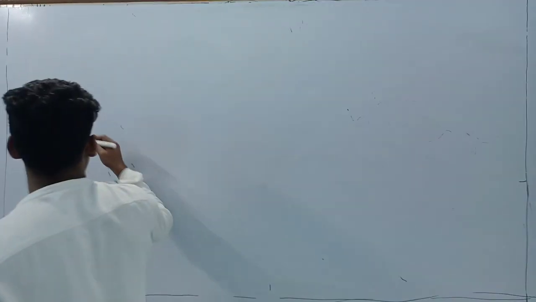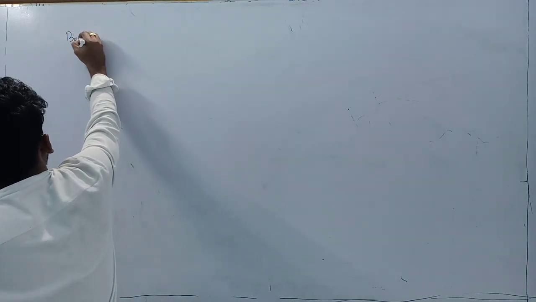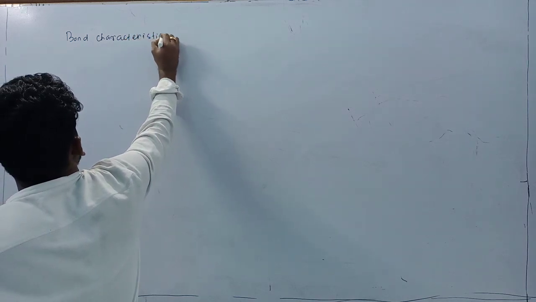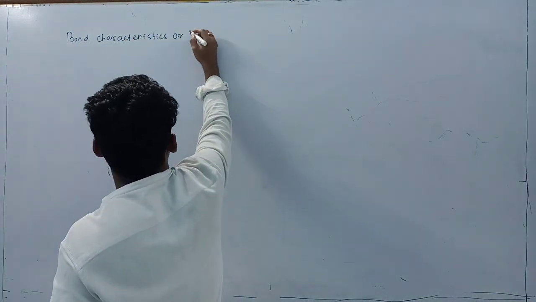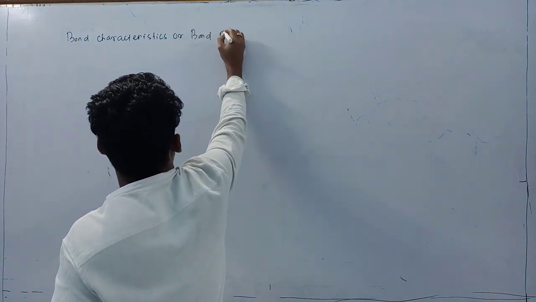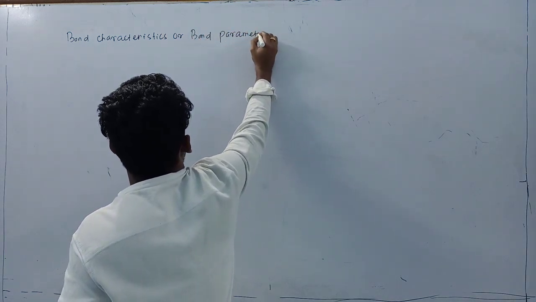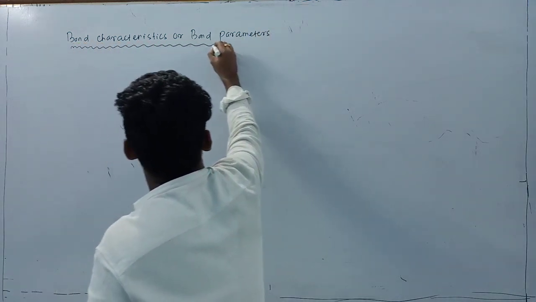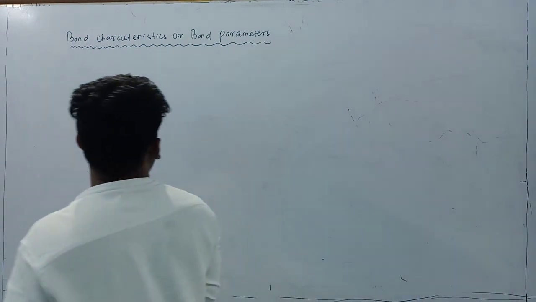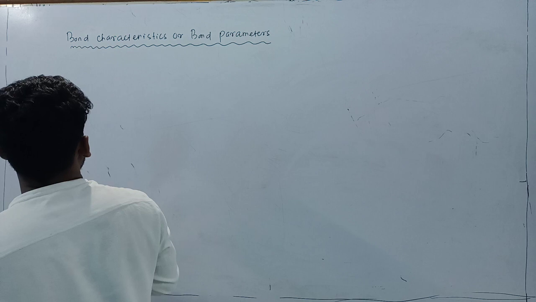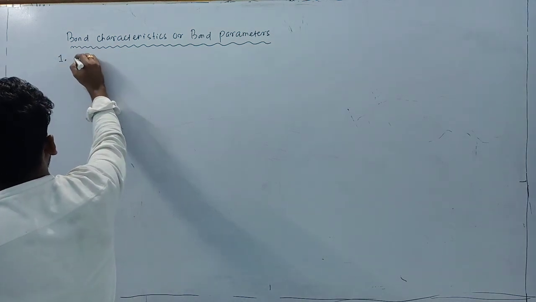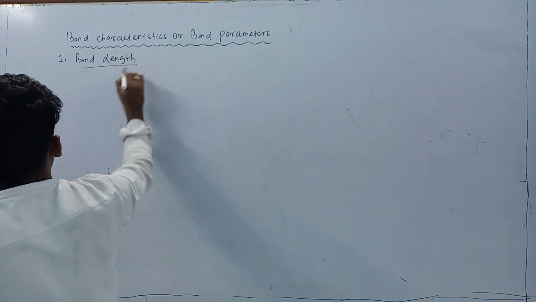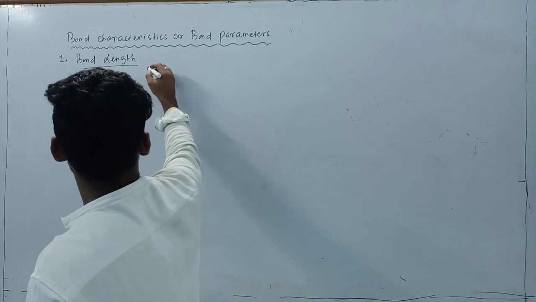Bond characteristics, or bond parameters. So first one I need to say is bond length.